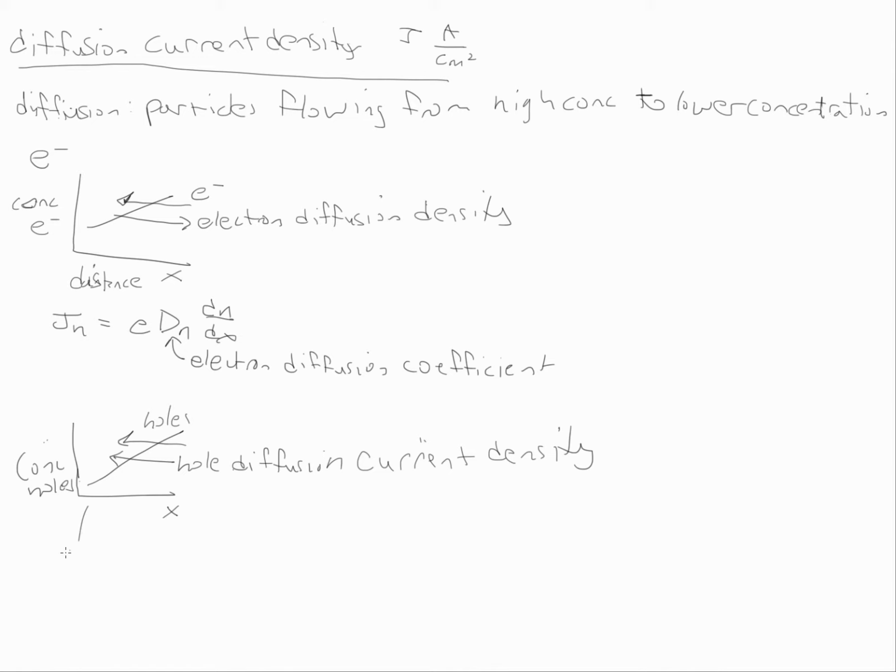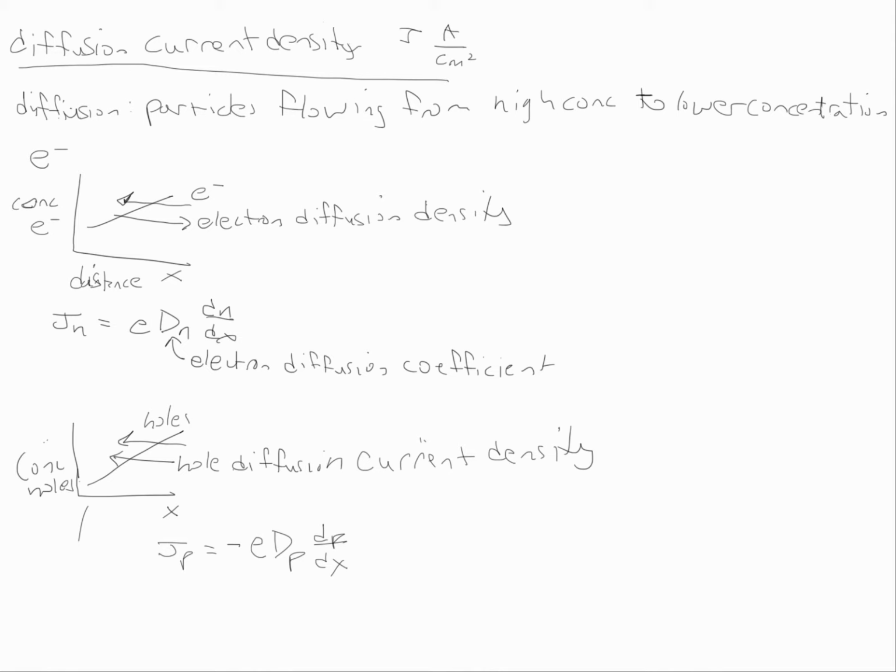And then we could calculate the current density for the holes as minus the fundamental charge, and the minus sign is there because the holes have a different charge than the electron, times the diffusion coefficient of the holes times the hole concentration gradient. And so those are the two equations for holes.